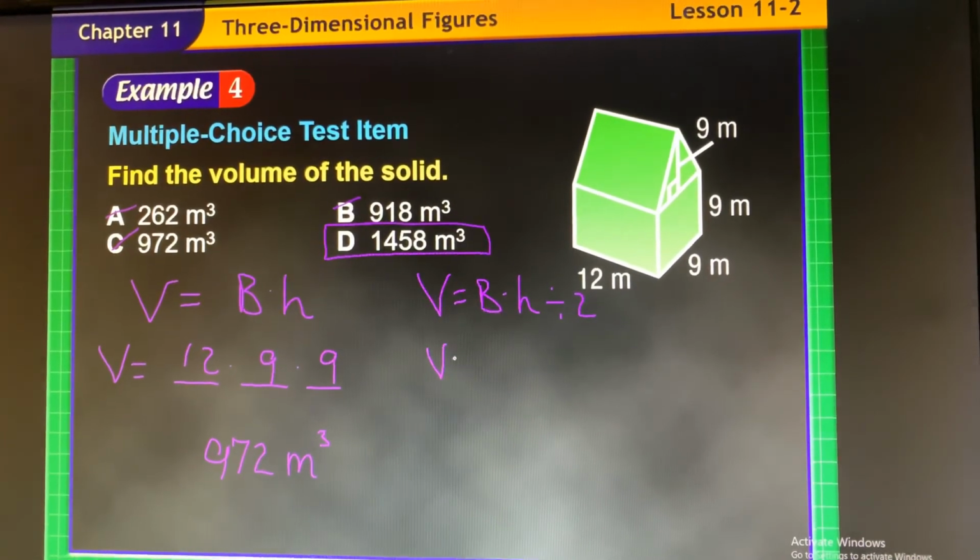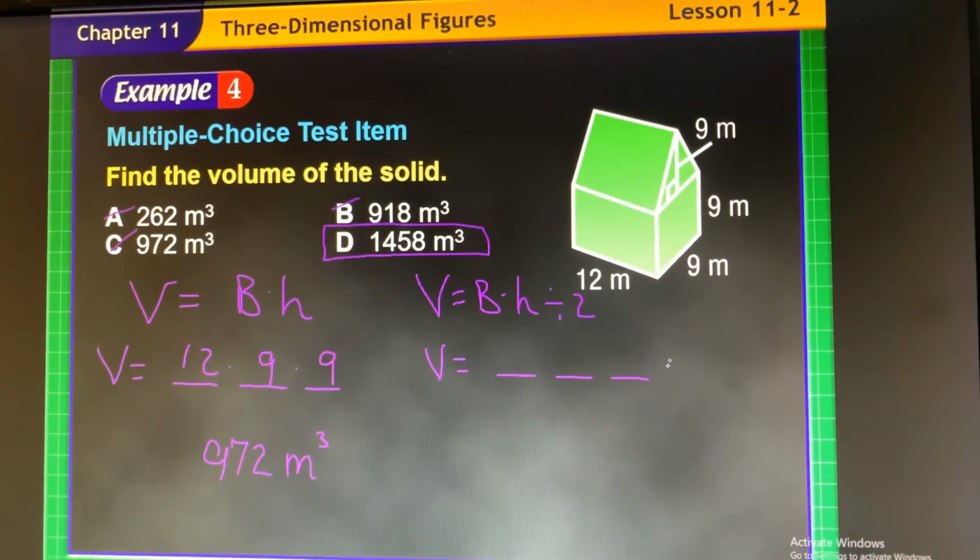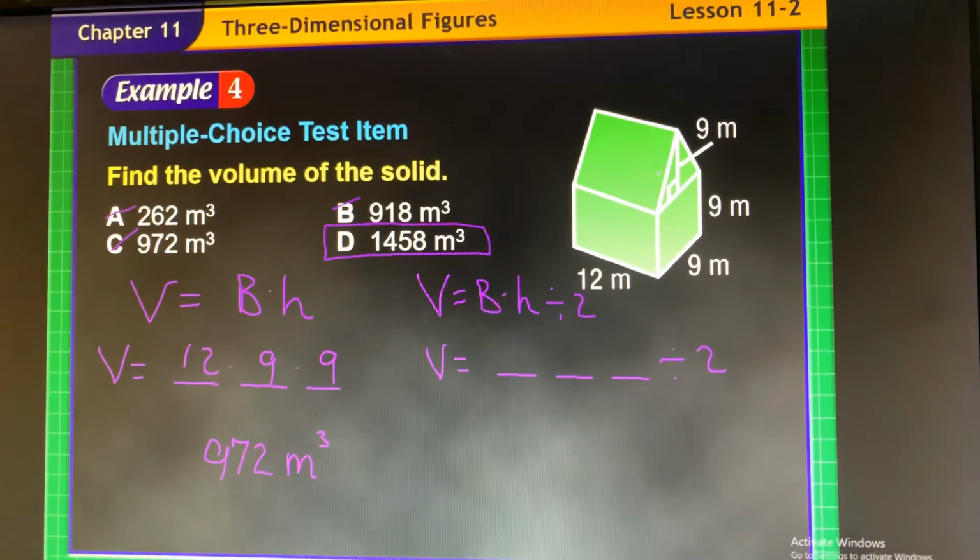So again, volume is equal to 3 lines divided by 2. Why is it divided by 2? Again, the triangular prism is half of a rectangular prism. So the base is a 9 by 9 triangle, and the height is 9.